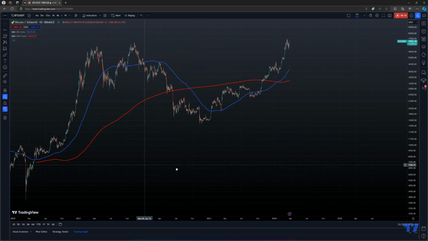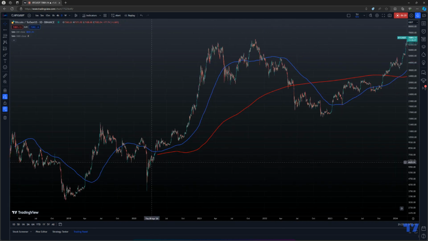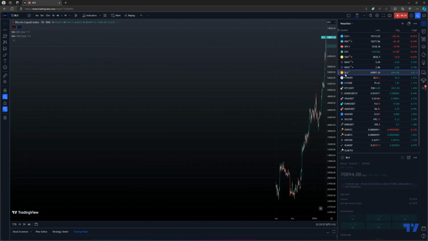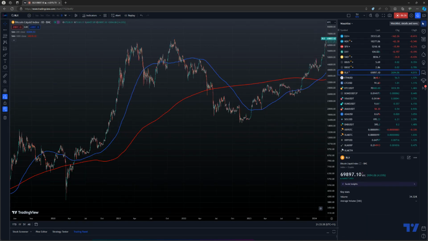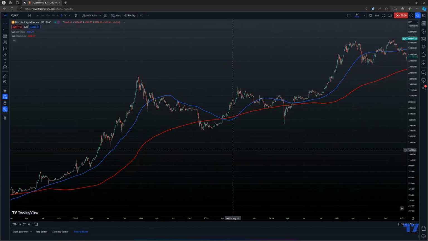Now, you don't have any back data to really run that against on this chart, but what if we go to the BLX, right? We go to the BLX, we've had crossovers before.